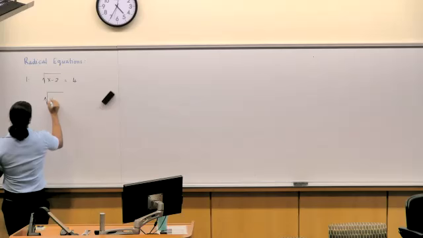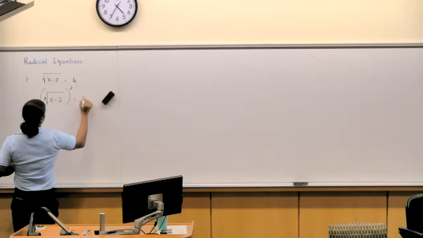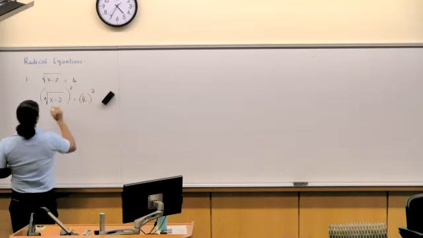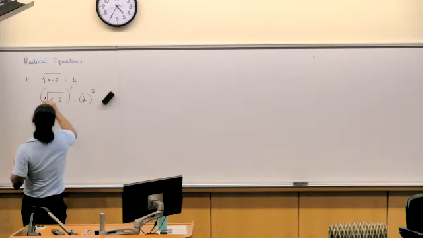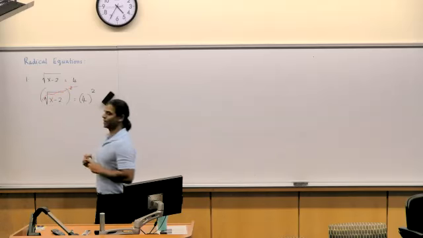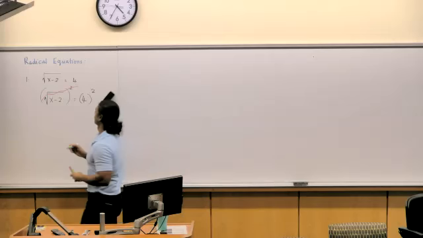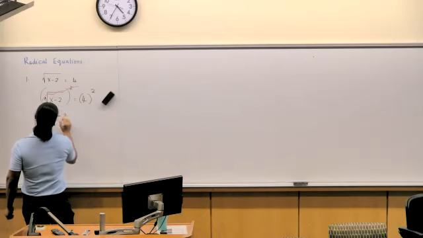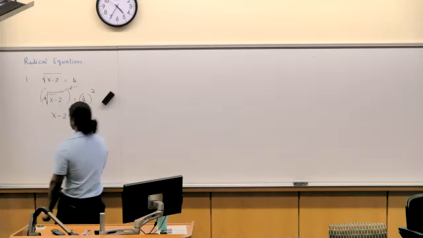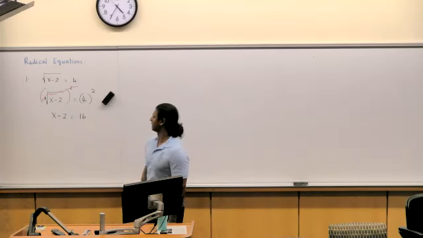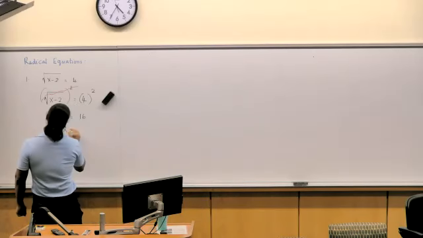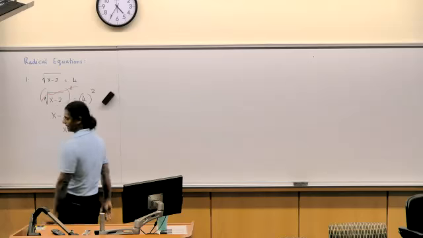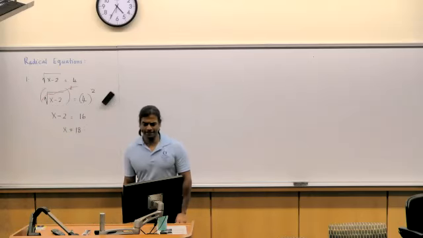If I square on both sides, the root and the square will get cancelled. x minus 2 would equal 16. Add 2 on both sides. x would be equal to 18.